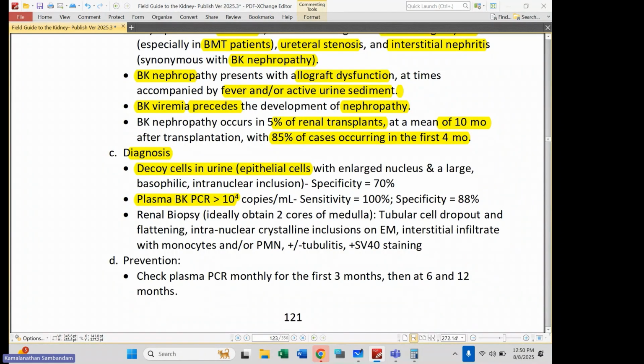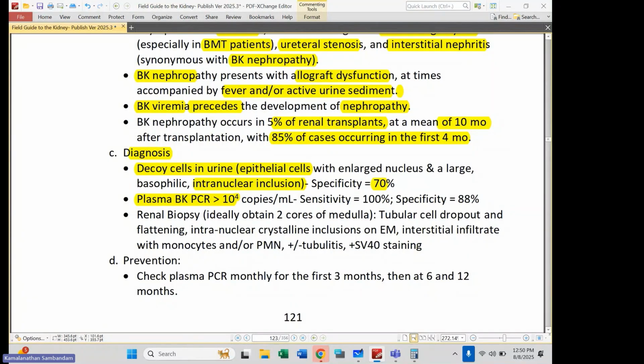It sheds into the urine. Okay, you can sometimes see intranuclear inclusions that are these conglomerates of viral replication. Okay, this has some reasonable specificity, but nobody does this anymore. Okay, it can show up on a board exam though.